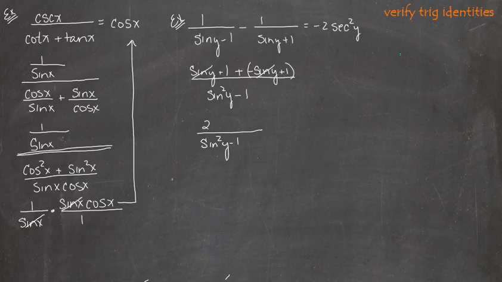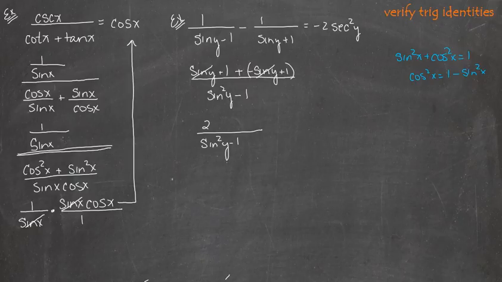Remember, we have sine squared x plus cos squared x equals 1. So cos squared x equals 1 minus sine squared x. If I factor out a 1, then I get this version, right?